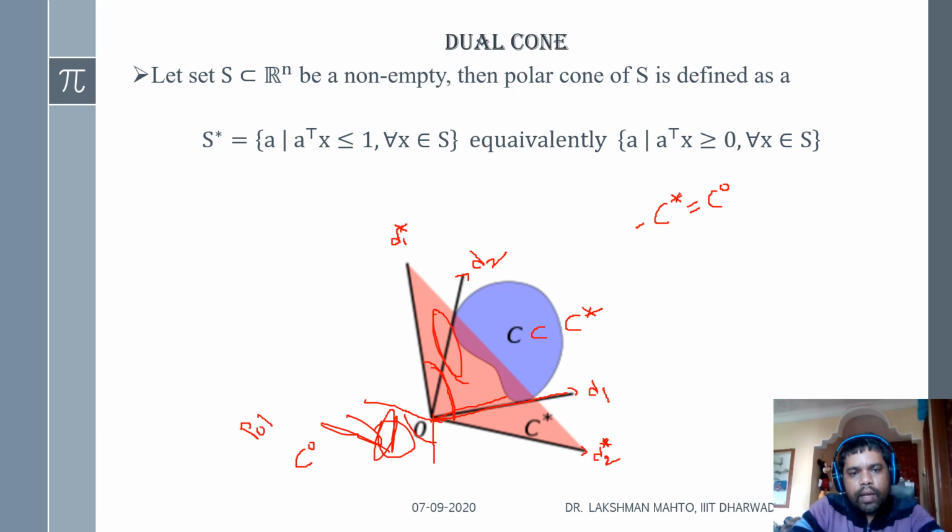This cone is called the polar cone. There is a very interesting relation between dual cone and polar cone, which we will explore in detail. The more applicable thing in convex optimization is the normal cone, and polar cone is a very general term.